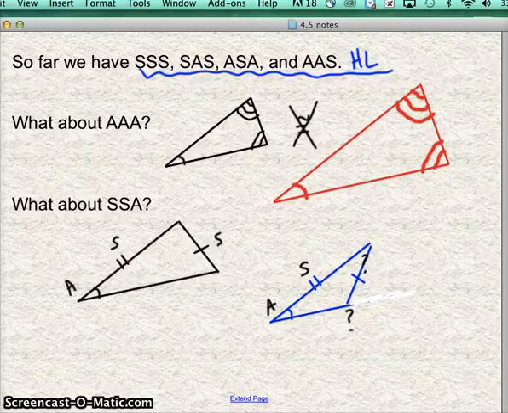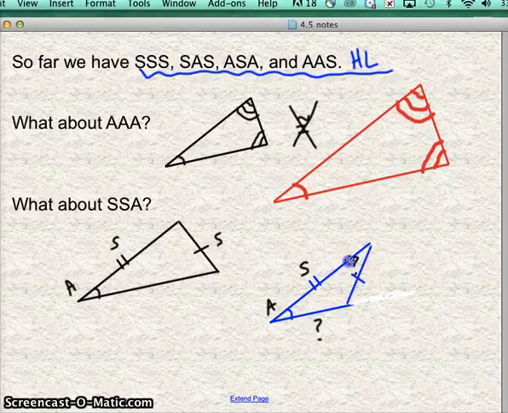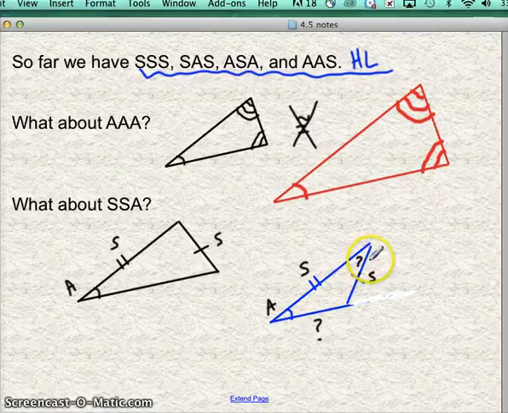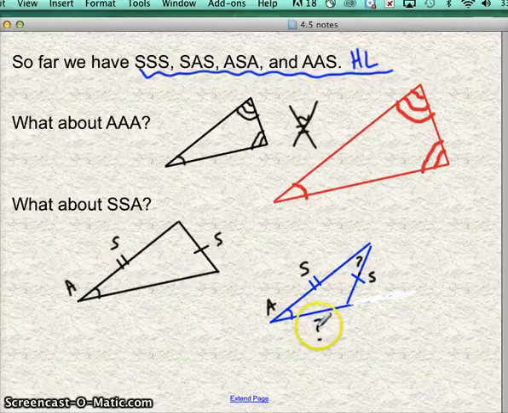Do you see how now I have two different triangles, but with the same given information? So I have the same angle, I have the same side, and this is the same side length. All that's the same, but this angle and this angle are not the same, and this side are not the same.